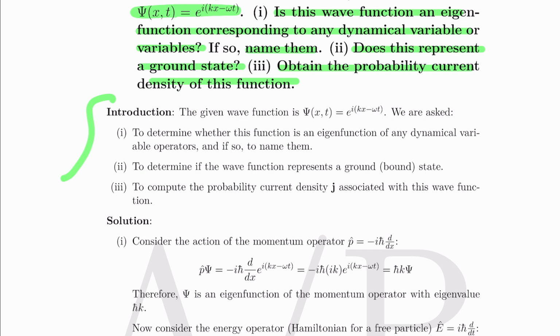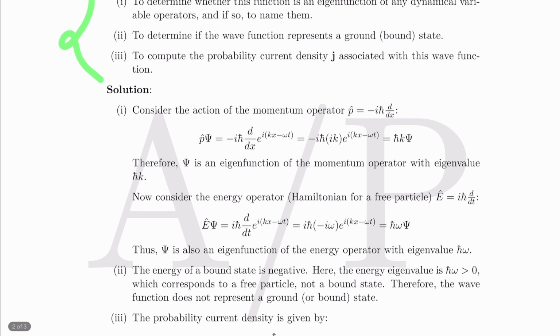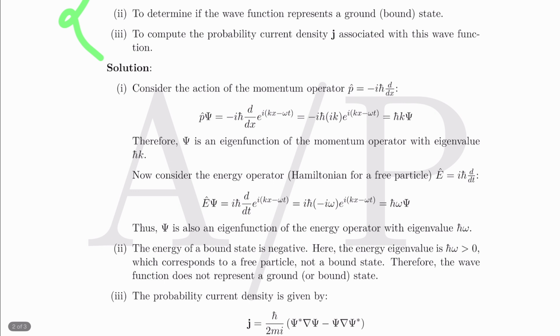This is the introduction where we are required to ascertain three things. Let us consider the action of the momentum operator, where we know that the momentum operator is minus iota h bar d by dx.